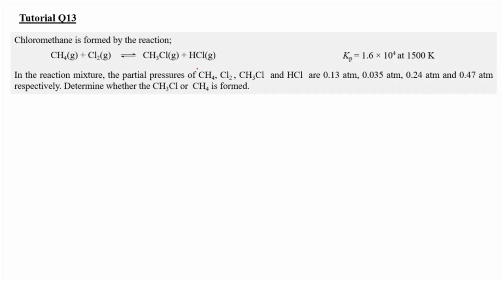Okay, so please be careful with the partial pressure. So CH4 is in the rectangle box, Cl2 is in the circle form, and then CH3Cl is in the star form, and then HCl is the one underlined here.